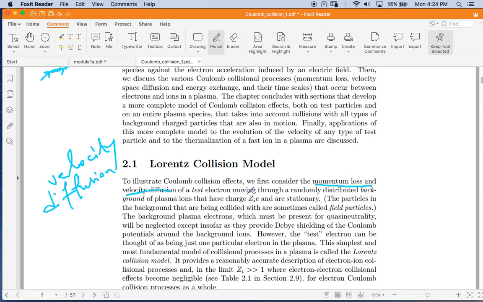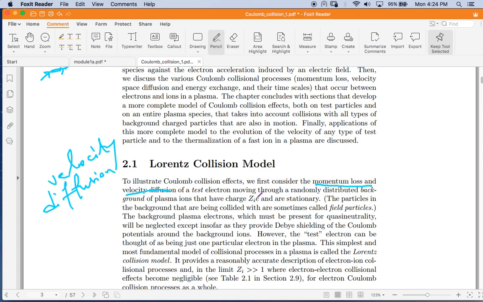And momentum loss of who? Of a test electron that's moving through a randomly distributed background of plasma ions that have positive charges Zi times E, and they are stationary. They are much more massive, and so these collisions hardly do anything to them.